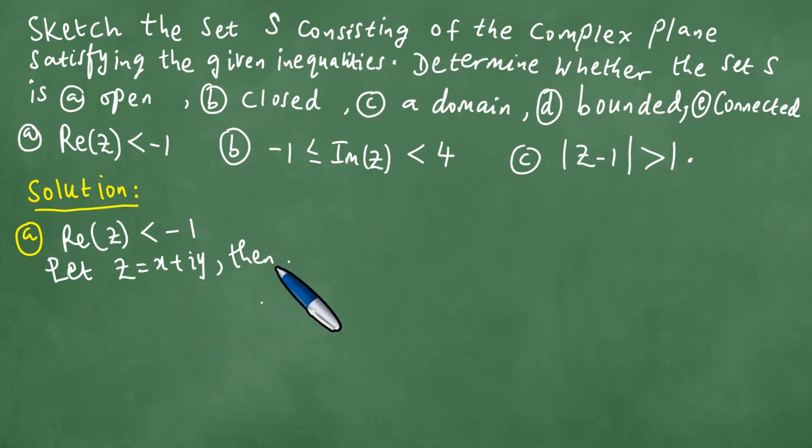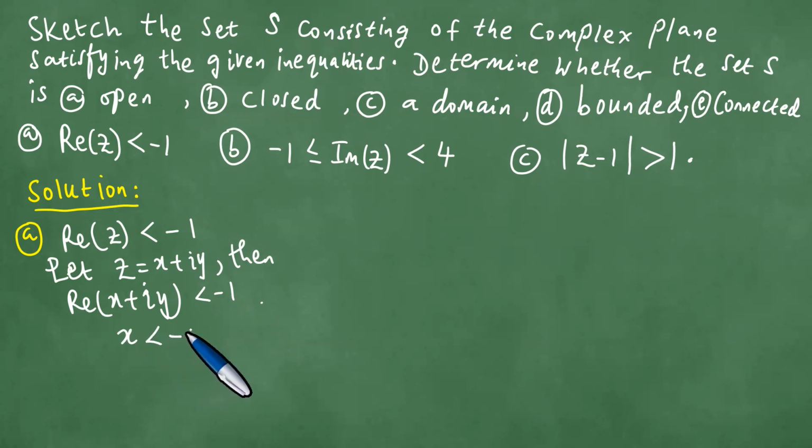Then we'll have the real part of X plus iY is less than -1, and the real part is X.